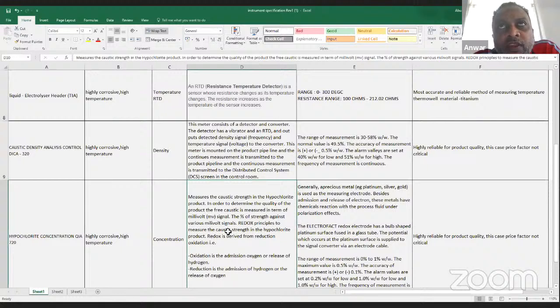Chlorine is supposed to be in the closed system of the operation, so there is no release. If you don't do anything with this excess chlorine, it will build up pressure in the system, and eventually the plant cannot run.